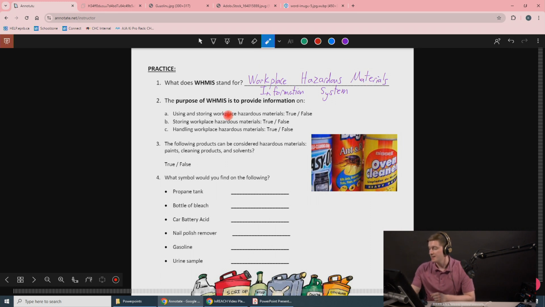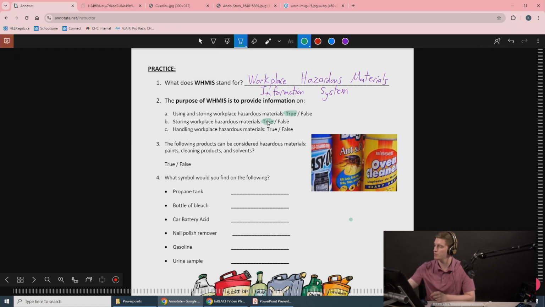So if we're looking at these next questions here, the purpose of WHMIS is to provide information on using and storing workplace hazardous materials. I mean, it's in the name. Absolutely. That is a true statement. Storing workplace hazardous materials, absolutely. You don't want to store some materials that might react with each other next to each other.